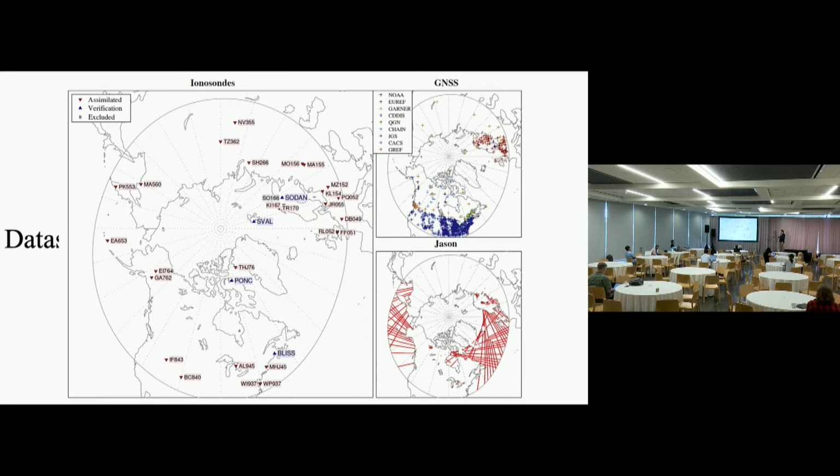And these blue ones are ones I'll be talking about today in terms of our validation, which aren't available in real time, and so they present us a good opportunity for doing independent validation of data not assimilated into the state. And you can see, Svalbard is far away from other data, Pond Inlet less so, but there's only one ionosonde in the polar cap. And in general, we have data sparsity over Canada, virtually nothing over Greenland, and a huge data gap over Russia.